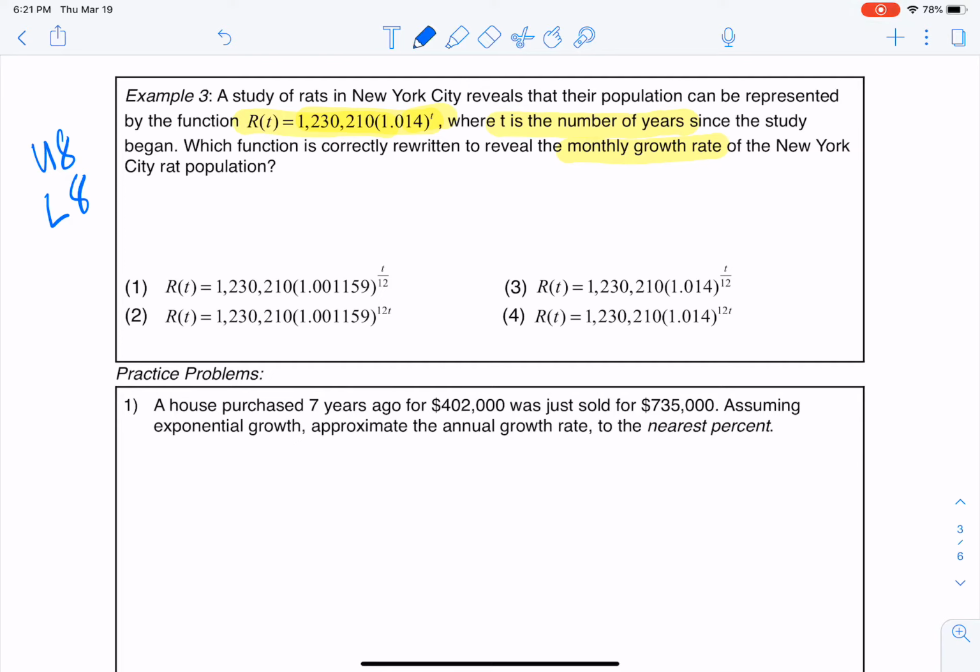All right, so here we are going from a yearly rate to a monthly rate. So we're getting smaller. To do that, I would need to raise my rate to the 1/12th power. So we'll take that 1.014, we'll raise it to the power of 1/12. And when I do that, go to my calculator.